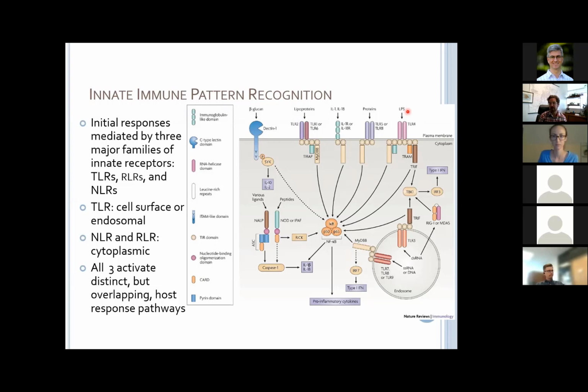It is never made by your healthy human cell. And so if you see LPS floating around, it means you've got a bunch of bacteria somewhere that you probably don't want. This can be recognized by TLR4, and it starts a signaling cascade inside the cell that leads to this transcription factor activation that then drives inflammation.